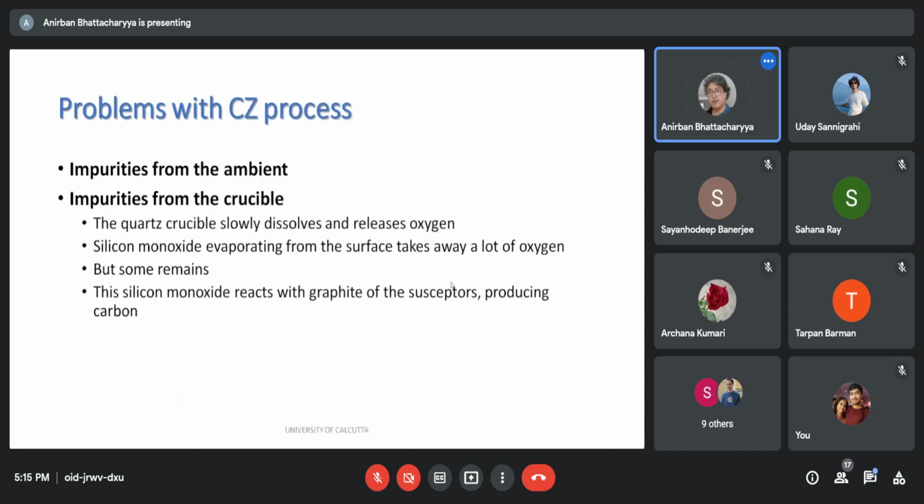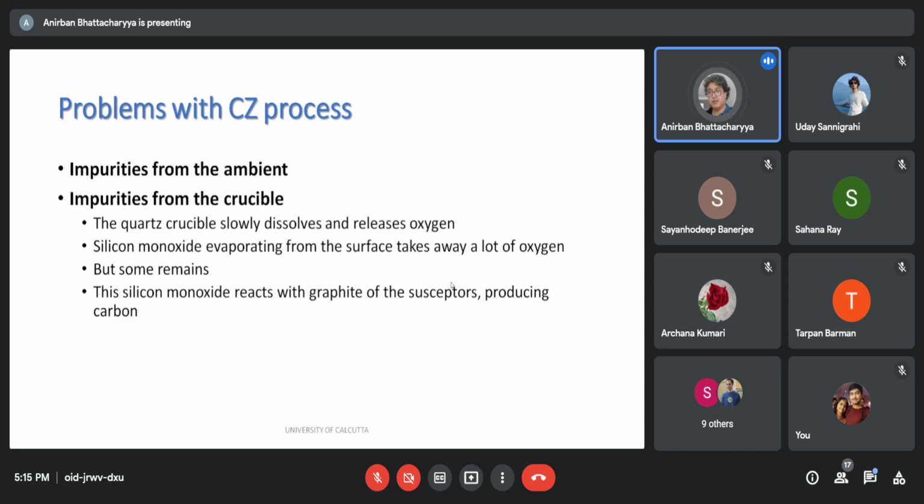So what are the other problems with the Czochralski process? First, impurities from the ambient. Ambient means air. And then impurities from the crucible. The crucible is quartz, and the quartz slowly dissolves and releases oxygen. Silicon reacts with oxygen to form silicon monoxide, which evaporates, but some remains.